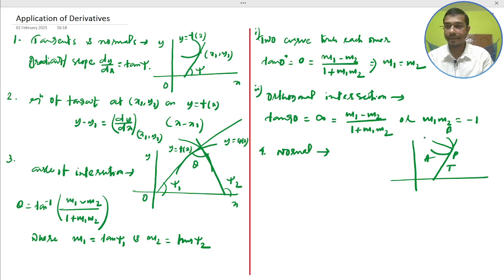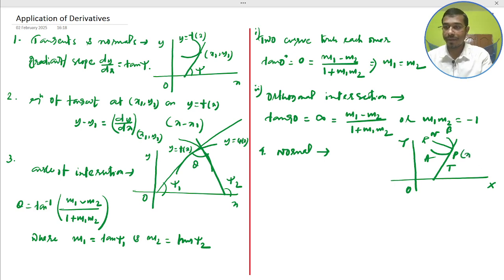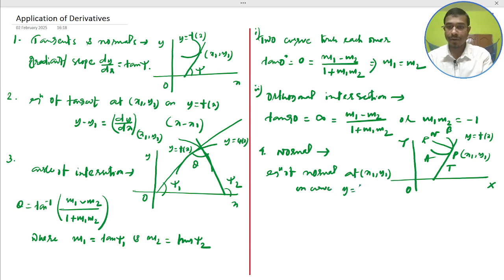So here the normal RP is denoted by N. This is origin, X and Y. So the equation of normal at the point x1, y1, on the curve y equal to f(x), is what? It involves dy/dx at the point x1, y1.